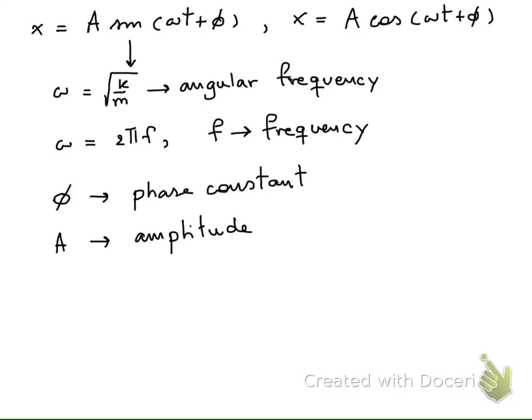We will talk about the physical meaning of these three parameters. Let's see the detail of the physical meaning: what are omega and f, what is phi, and what is A.